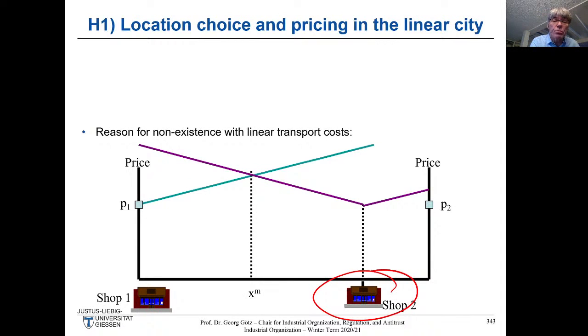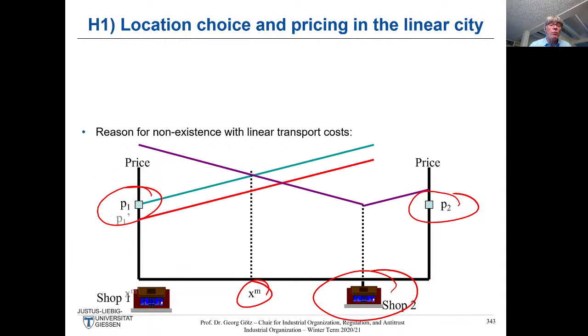Suppose here our shop 2 has moved inward, okay? Then if shop 2 chooses some price P2, and shop 1 chooses some price P1, this guy here would be the indifferent consumer. Now suppose firm 1 reduces its price. Then first it gets only a little bit more in terms of consumers, and if it reduces further, it gets even some more consumers.